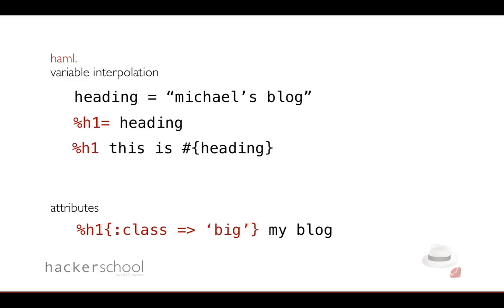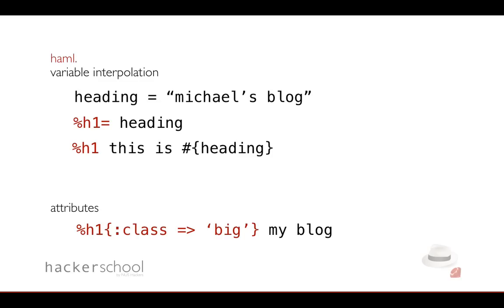Okay. So Haml also gives us a few more interesting things, which is why we actually like to use it, or you'll find that it's way better. So for instance, if we have a variable named heading, and this variable refers to the string Michael's blog, doing the tag with an equal sign followed by the variable name, it's obvious what it does, right?